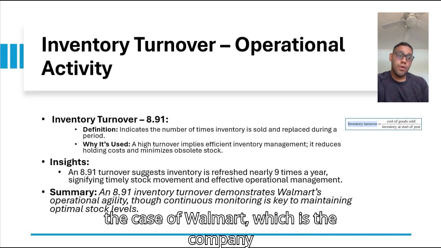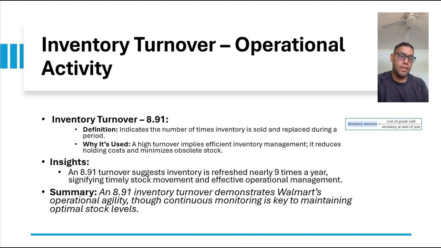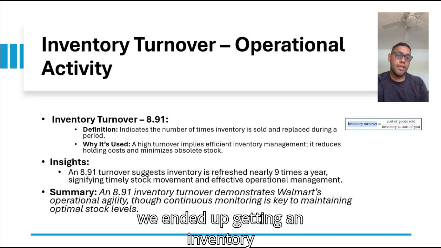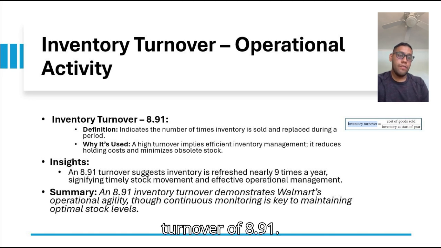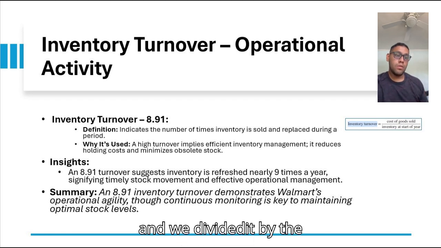And in the case of Walmart, which is the company that we're studying in this case study, we ended up getting an inventory turnover of 8.91. The way that we arrived at that number is we took the cost of goods sold and divided it by the inventory in the year of 2019.